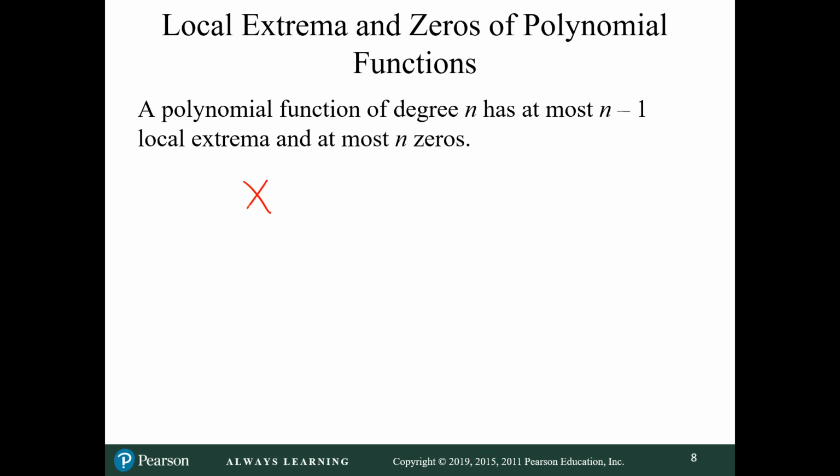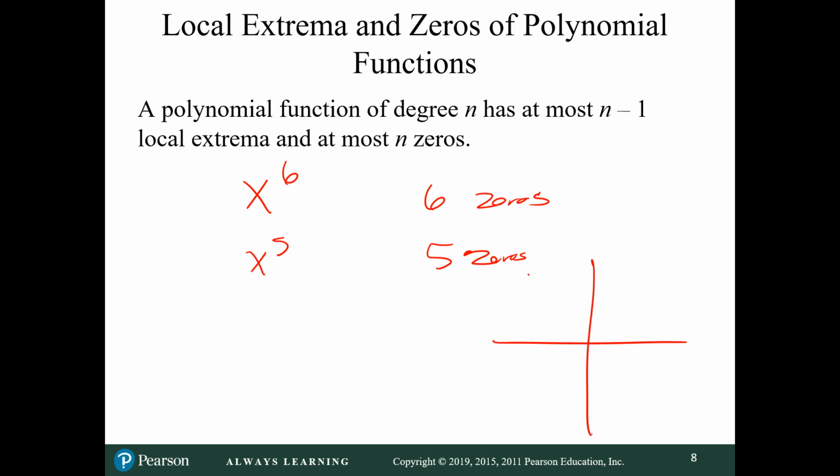If you have x to the sixth power, you have 6 zeros. If you have x to the fifth power, you'll have 5 zeros, unless some of the zeros are imaginary. So here's a sixth power problem.